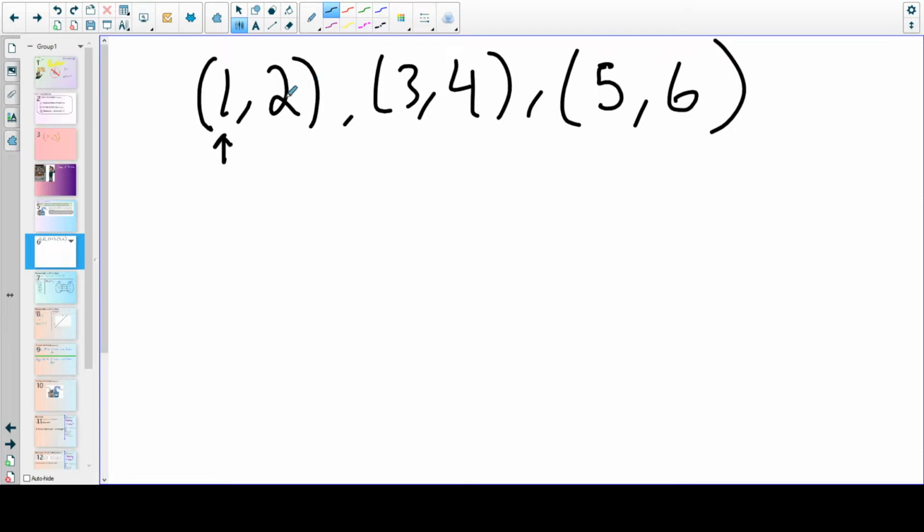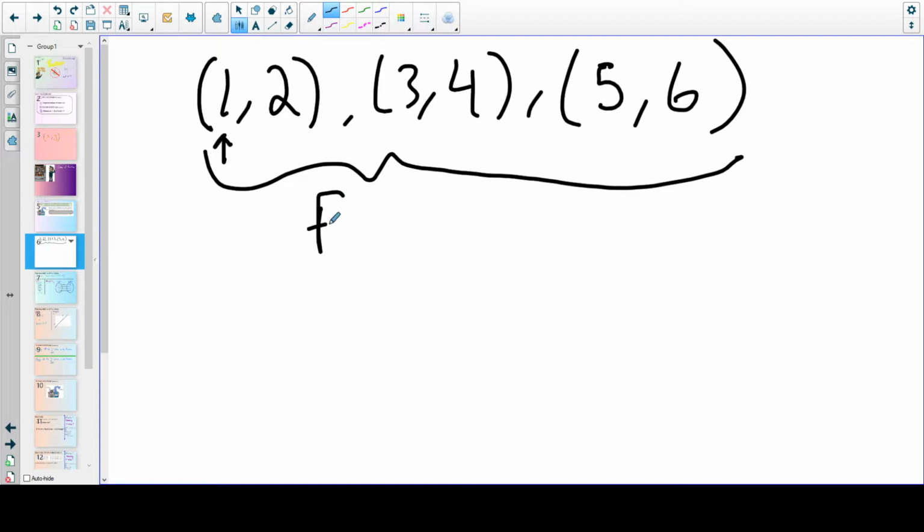What a function says is, if I input the number 1, it gives me the number 2. If I input the number 3, it outputs the number 4, and if I input the number 5, it outputs the number 6. This whole thing would be considered a function because for every x value, it gives you only one y value.